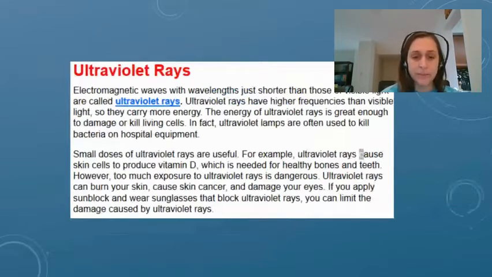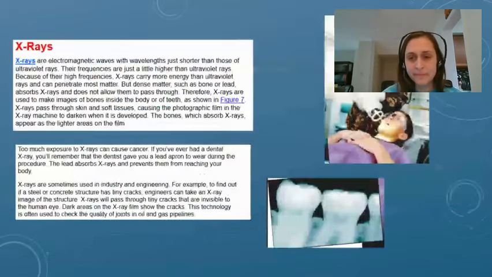But they can also be harmful to you, which is why we use things like sunglasses and sunblock to protect our skin from UV rays. However, a little bit of UV rays make your skin cells produce vitamin D, which is a really important vitamin. So the little bit that would get through sunscreen or that you would get just walking down the street in the winter is very helpful for people.